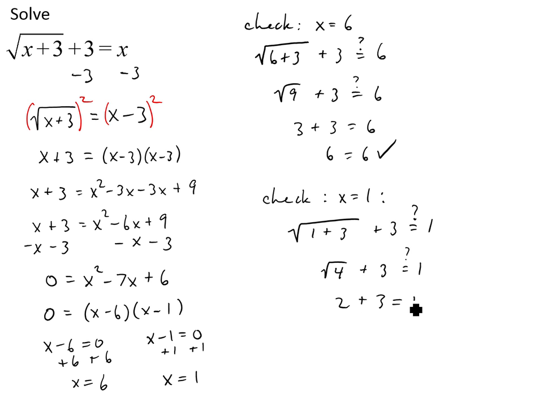And we can see at this point this is not a true statement. 5 does not equal 1. So plugging a 1 in for x does not give us a true statement. So x equals 1 is not a solution of the equation. It's called an extraneous solution. But if we're trying to just list the solutions, all that we need to say is x equals 6. That is the only solution to this equation.